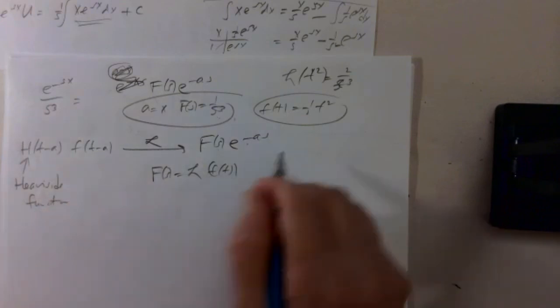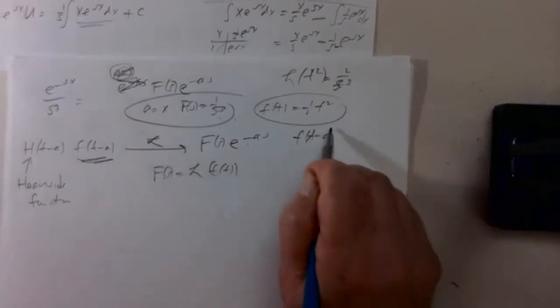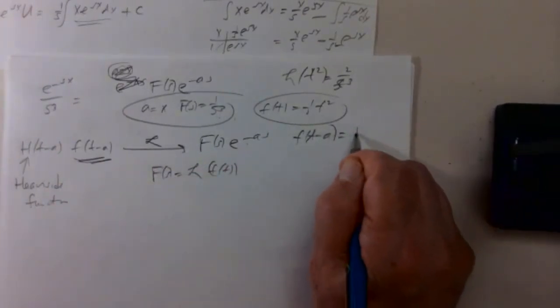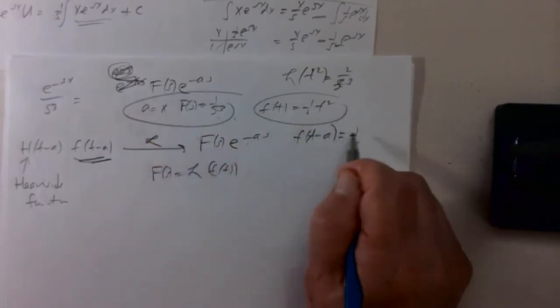And f of t minus a, with a equal to x, is one half t minus x squared. That's what this is.